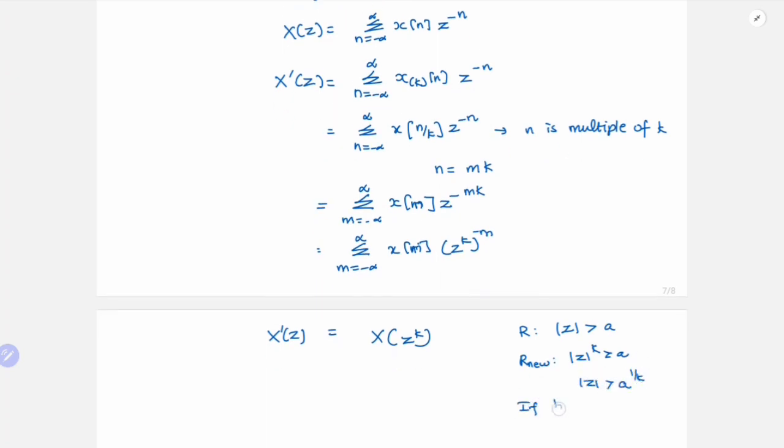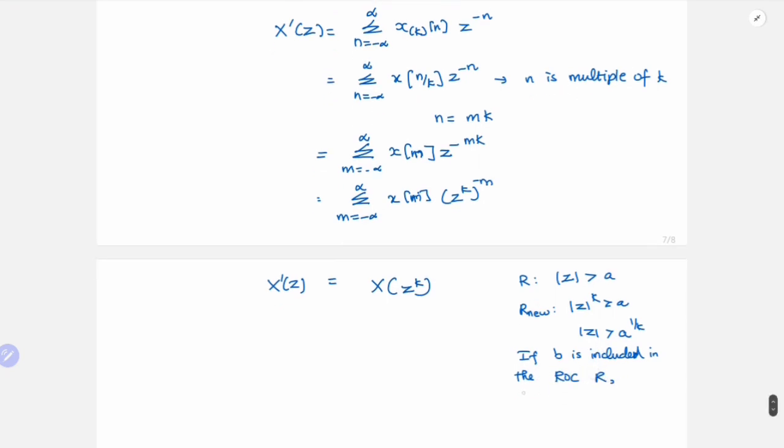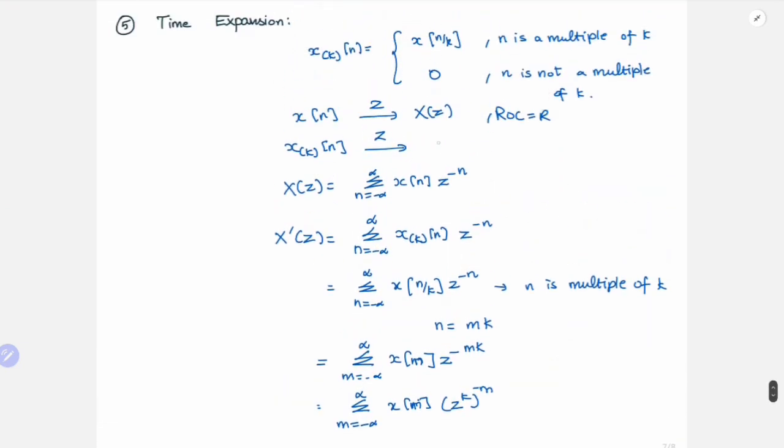So if, let's say, b is included in the ROC R, then b power 1 by k will be included in the ROC R new. So I can write your new ROC as, again this is X of z power k, and your ROC will be R power 1 by k.